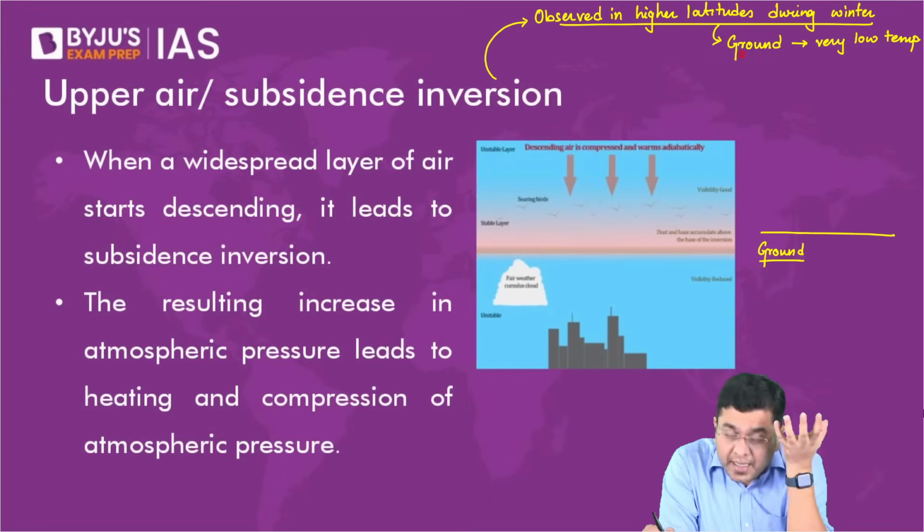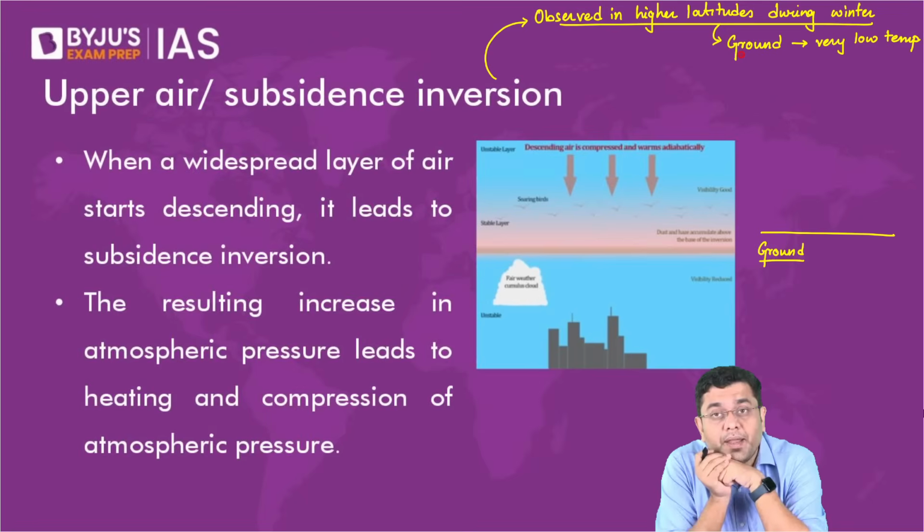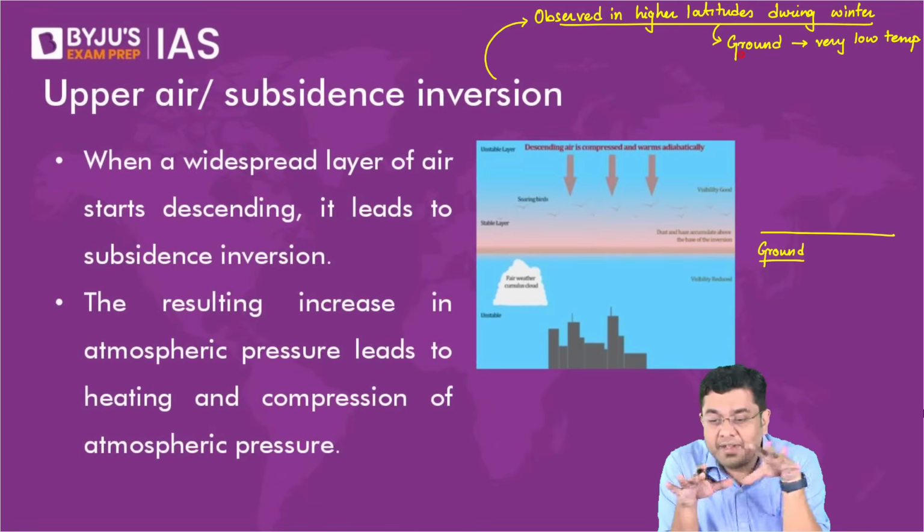So, when the air begins to sink, it will go into the region where the air density is higher. And when it does, can we say it will experience an adiabatic compression?